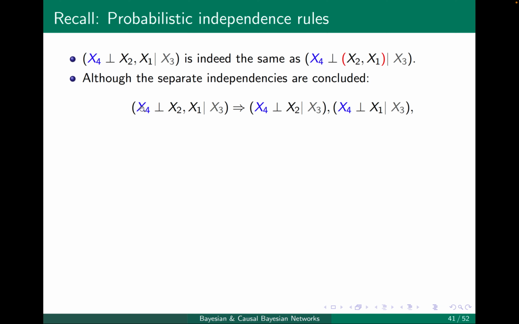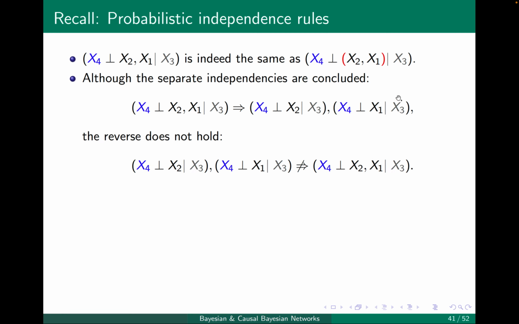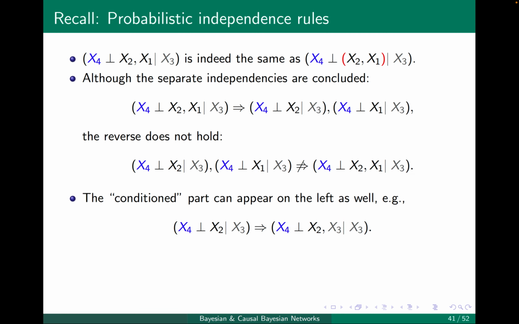You can also talk about x4 being independent of x1, x2 without the condition. Still, this holds. But then the opposite does not hold. If you have x4 independent of x2 and x4 independent of x1, it doesn't necessarily hold that x4 is independent of both of them together. Now, two other minor points. The conditioned part, which is x3 here, can appear on the left as well. So if I have this independence, then I can just write down x3 here as well.